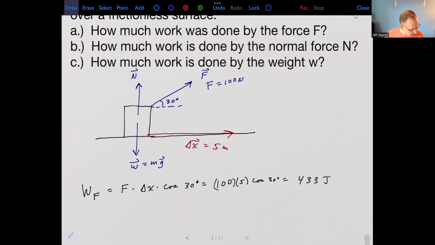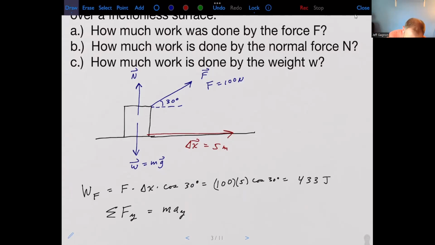Okay, what about the work done by the normal force? Well, in order to find the work done by the normal force, we need to first compute the normal force, right? Let's do that first. So how do I compute the normal force? Well, I could use Newton's second law, right? In the y direction, the sum of the forces in the y is equal to m a_y. But this crate is not leaving the ground, right?